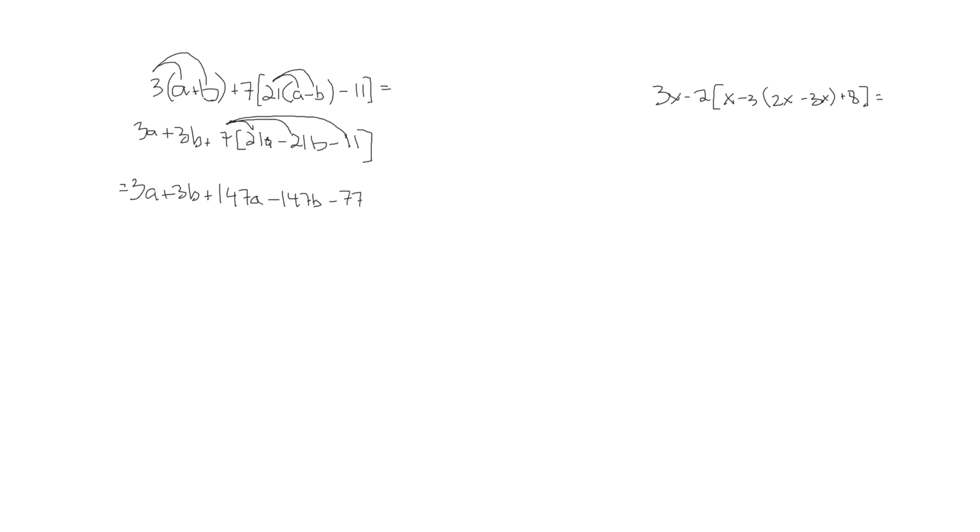So I can combine my A's with my A's, my B's with my B's, and just the number by itself. So with the A's, I have 3A plus 147A. So that's 150A.